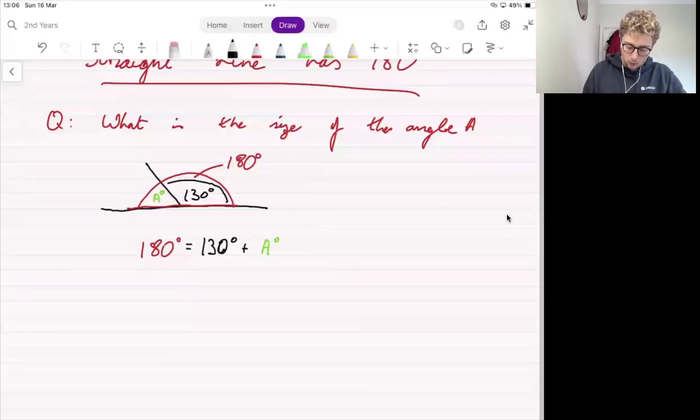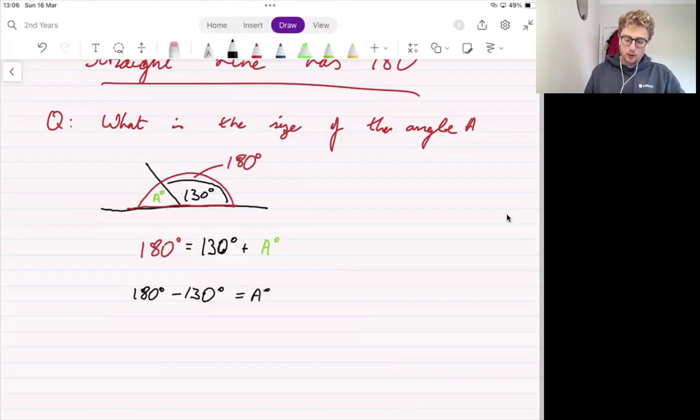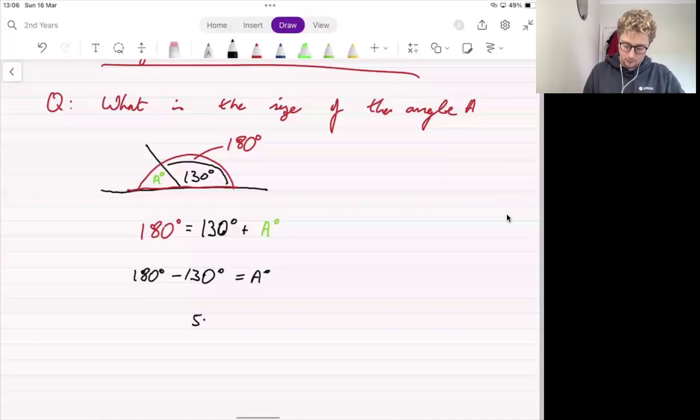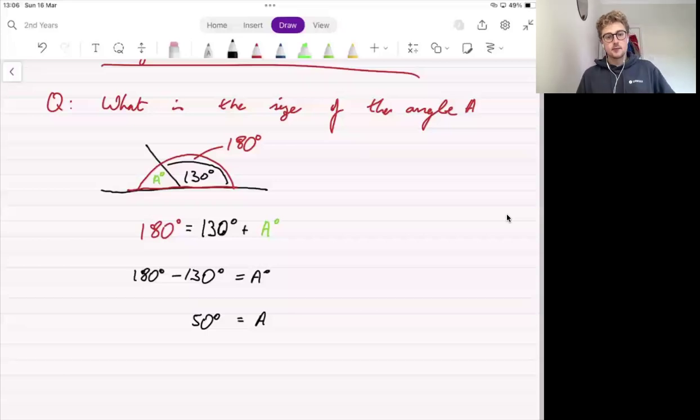I can say that 180 degrees minus 130 degrees is equal to A, and 180 minus 130, that's 50. So my angle A is 50 degrees. Okay? That makes sense? Any questions there?